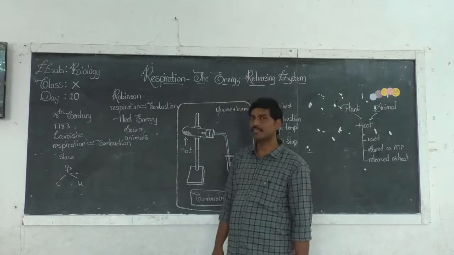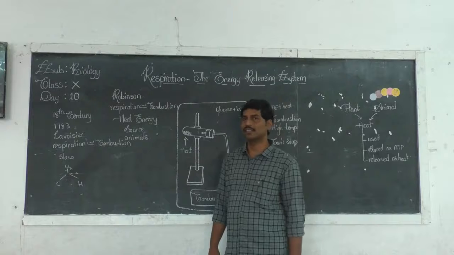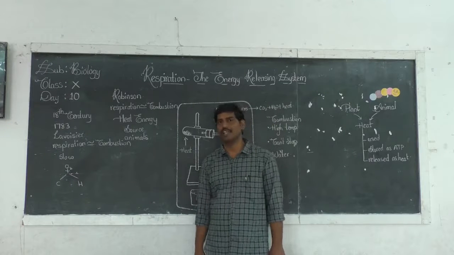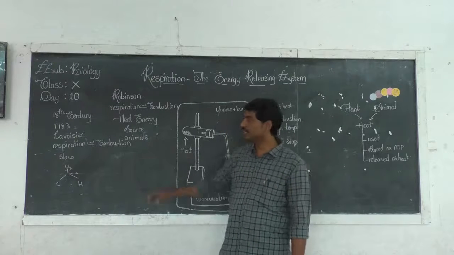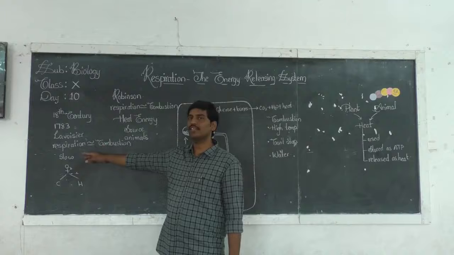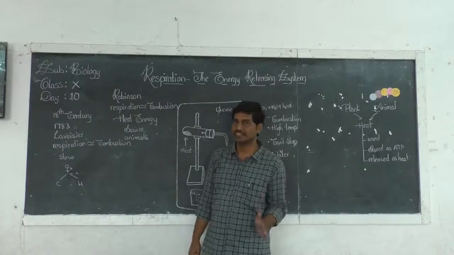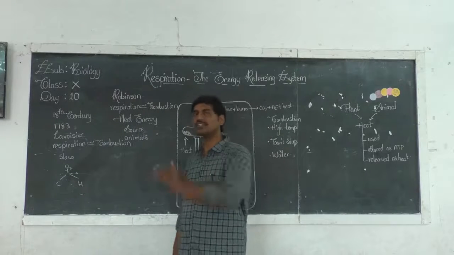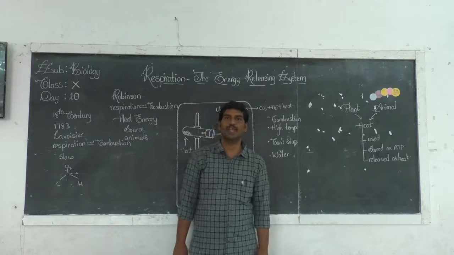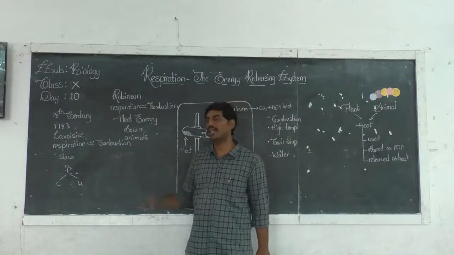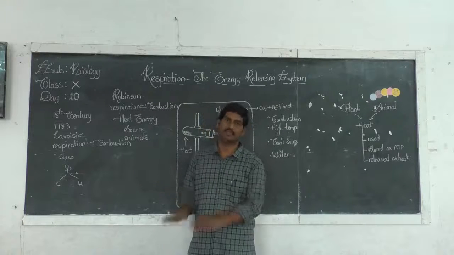So, in the 18th century, in the year 1783, Lavoisier stated that respiration is similar to combustion. Respiration is a process which is almost similar to combustion. Why did he give such a statement?